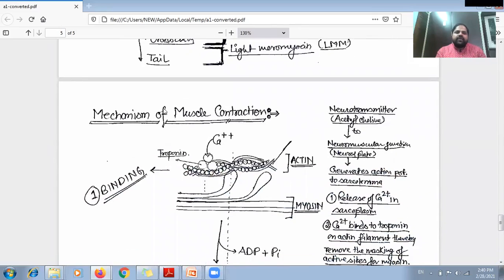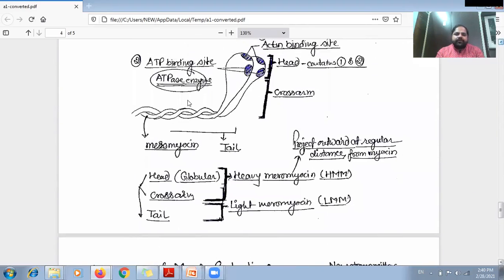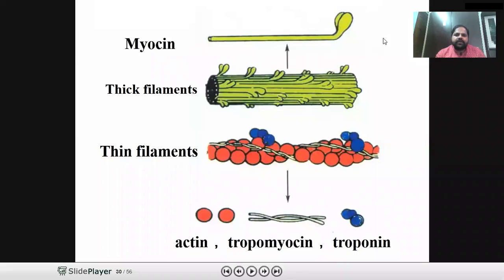Now we'll see the mechanism of muscle contraction. But before understanding the mechanism of muscle contraction, we need to understand this myosin structure again. By this figure we can easily understand how the myosin looks.